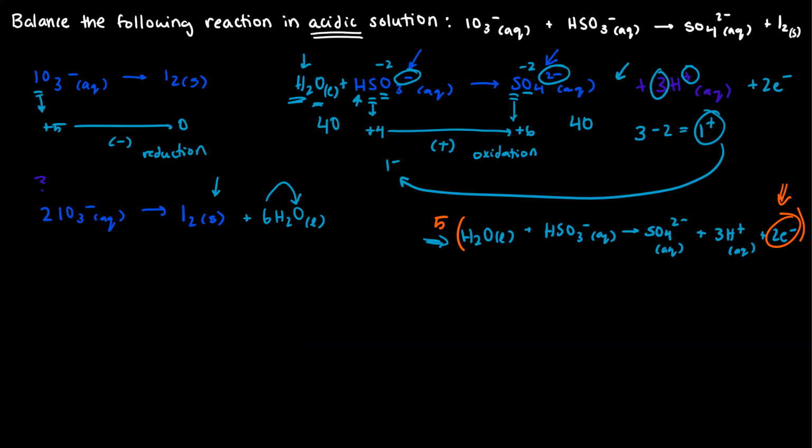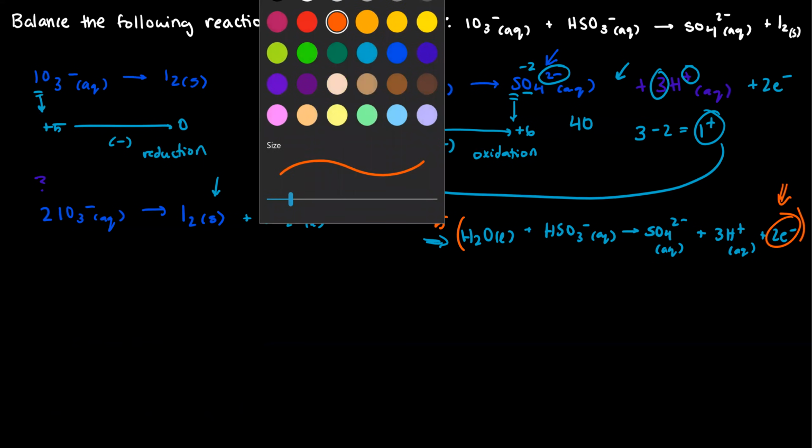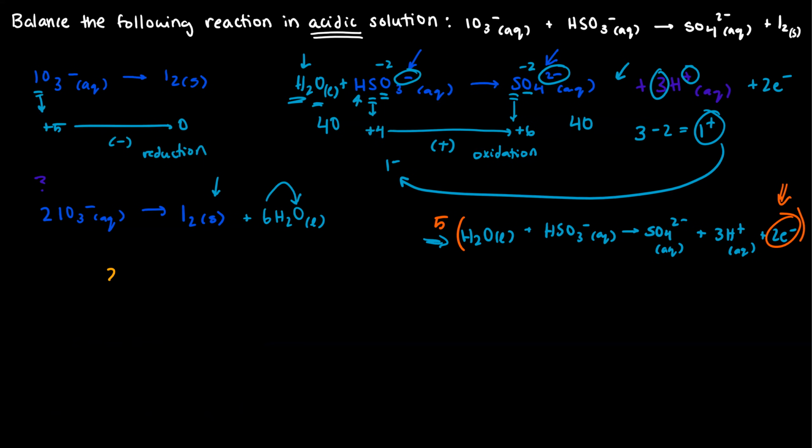So if we stack our two reactions on top of each other, we're going to have 2IO3- aqueous plus 12H+ aqueous plus 10 electrons gives you I2 solid plus 6H2O liquid.